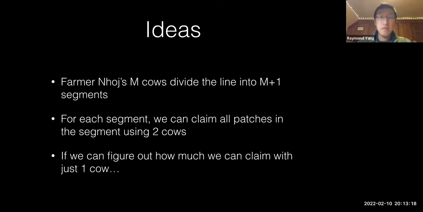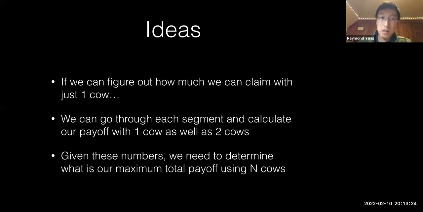And if we can figure out how many points we can claim using just 1 cow, then we can go through each of these segments and calculate what our payoff would be using 1 cow as well as using 2 cows. And then if we have those numbers, we can determine what our maximum payoff is using n cows.